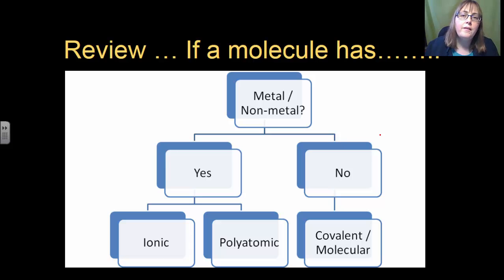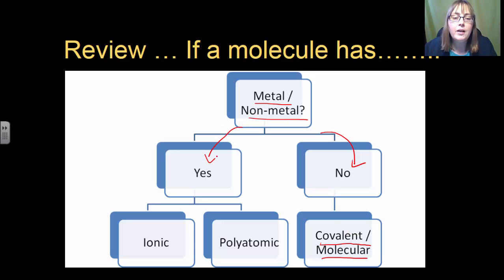If you had an example of a formula and you're trying to figure out whether it's an ionic compound or molecular compound, I want you to see whether there's a metal or a nonmetal in that formula. If there isn't a metal, that means we're probably looking at a molecular compound, or sometimes we also call them covalent compounds.